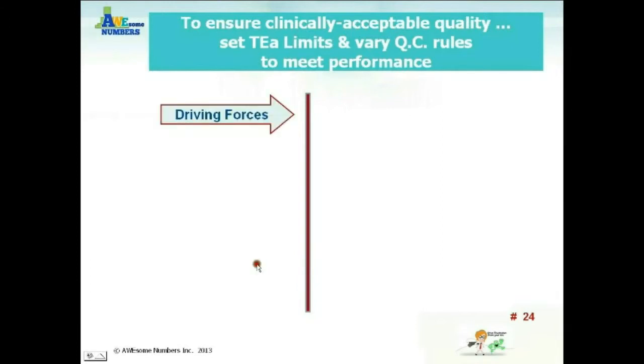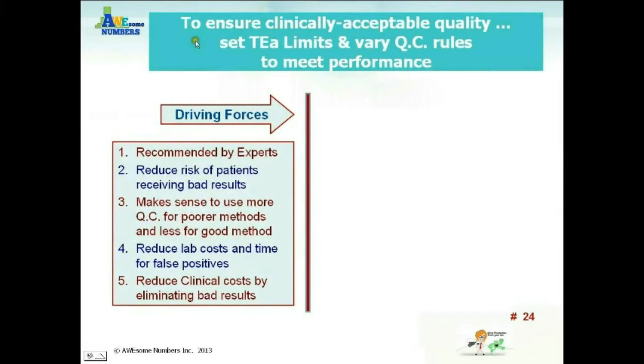So there are driving forces that are taking us forward, and there are restraining forces that are holding us back. The reasons to move forward: it's recommended. What I'm talking about is setting allowable error limits, clinical allowable error limits, and varying QC rules to meet the current performance of your test.